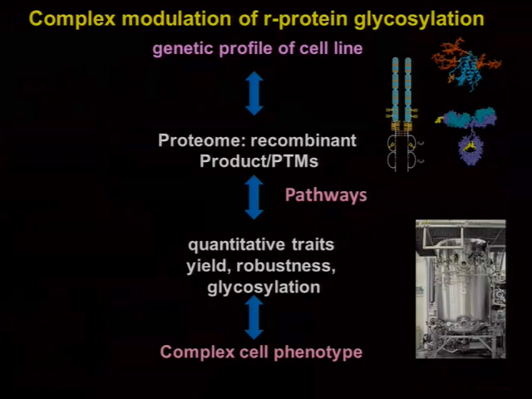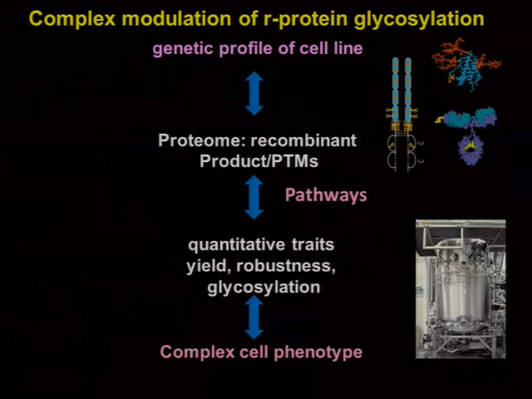The proteome, so are your proteins effectively expressed, and do they have the right sugars attached to them? And this all involves many pathways within the cell. And the quantitative traits like the yield, the robustness, the type of glycosylation, these are all the same kind of things that you would ascertain if you were looking at natural glycoproteins from natural cells.